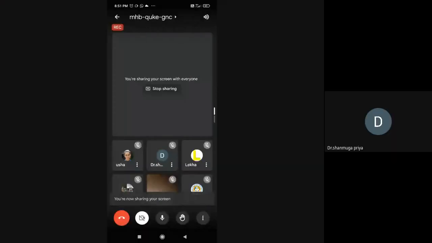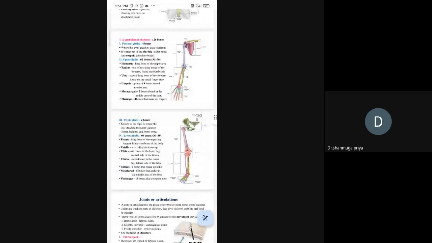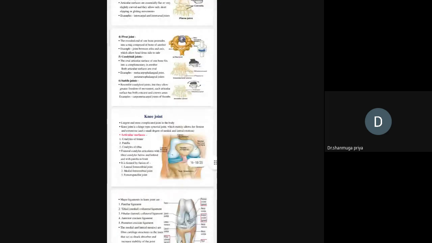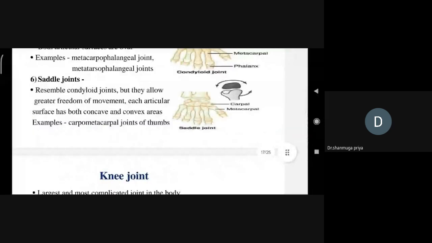Ma'am, can you show me the saddle joint? Yes. Here, carpometacarpal joints are an example of a saddle joint, means joints between carpals and metacarpals.